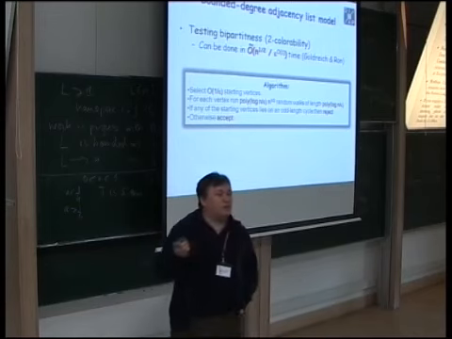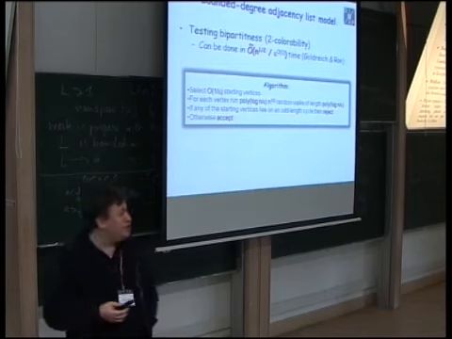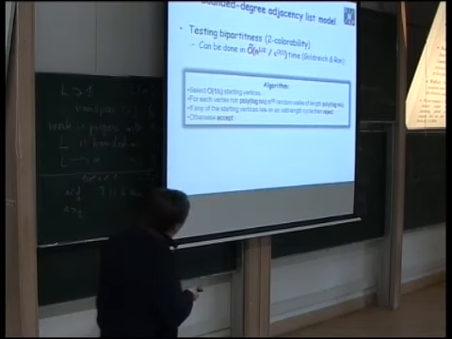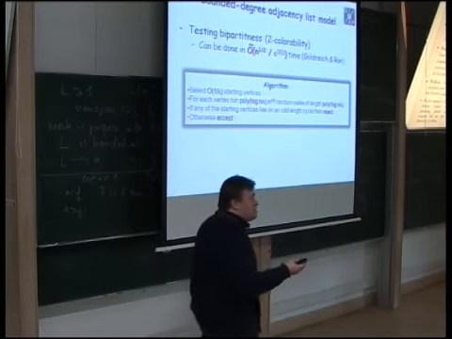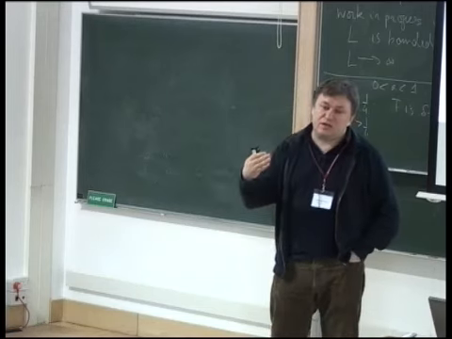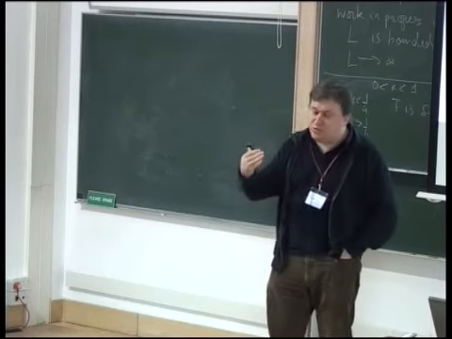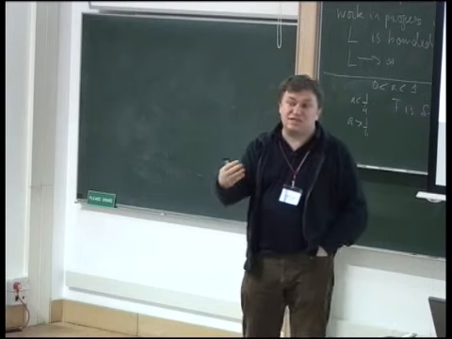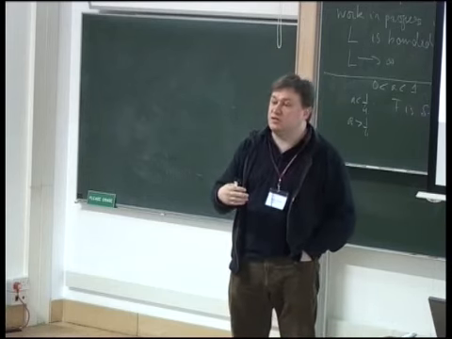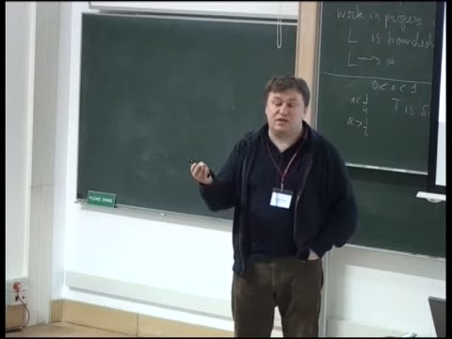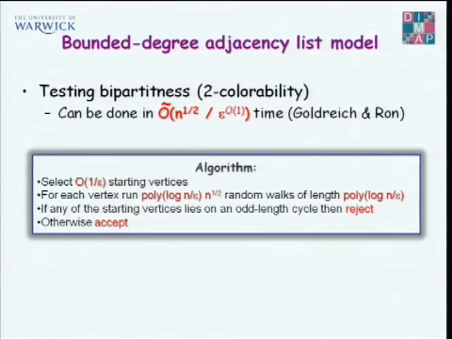The algorithm is perhaps not difficult, but the analysis was very difficult. I think the final analysis was 20 or so pages. The main reason is that Goldreich and Ron were studying the relation between mixing time and random walks in arbitrary graphs and the lack of odd length cycles.